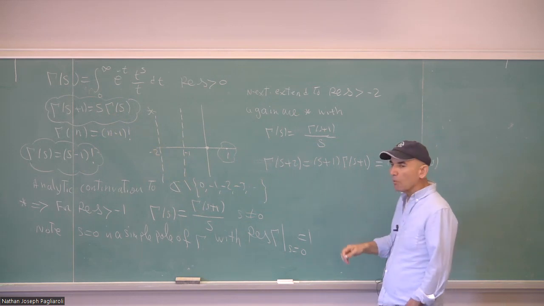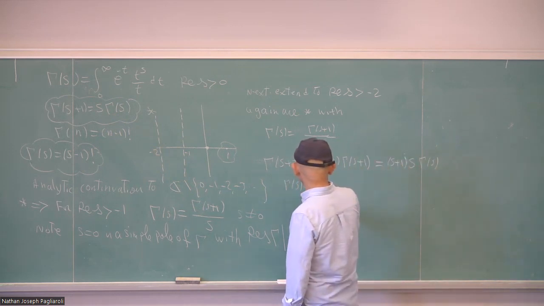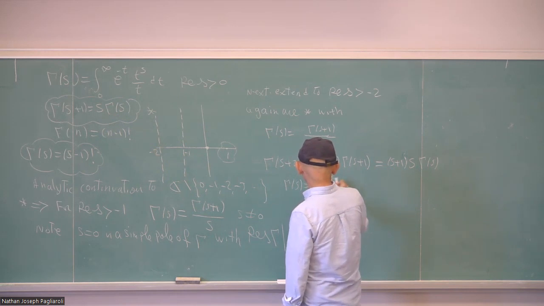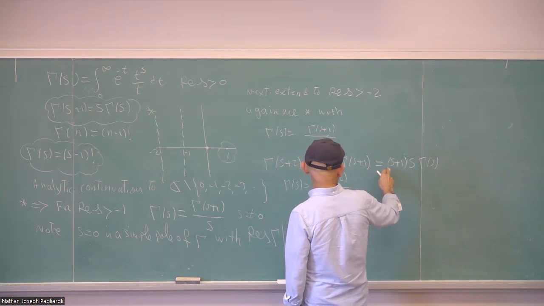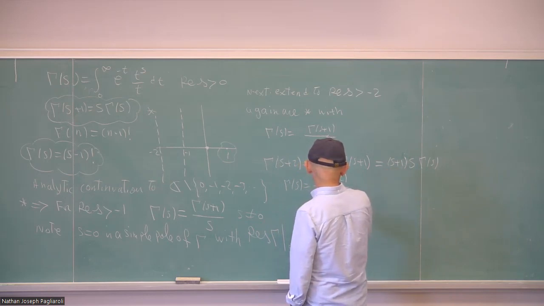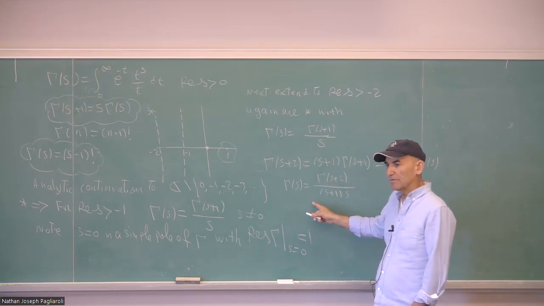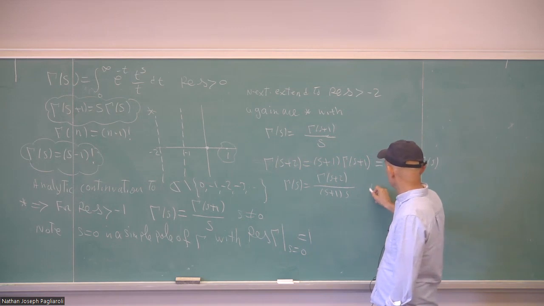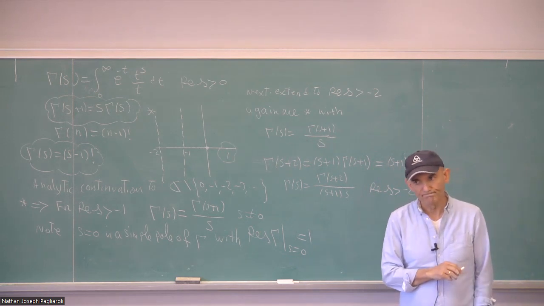Now I can say, let gamma of s be equal to gamma of s plus 2 over s plus 1 times s. Now this is very good for real part of s bigger than minus 2, right? You can use this, right?